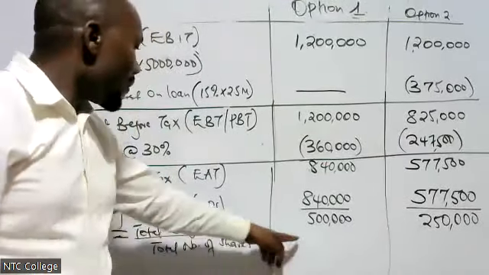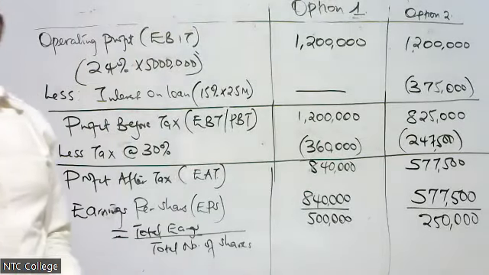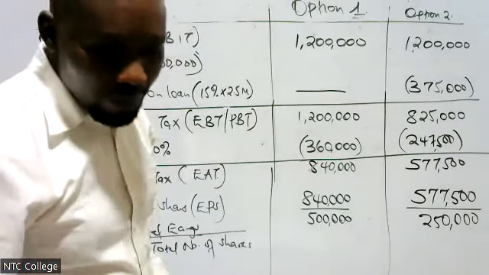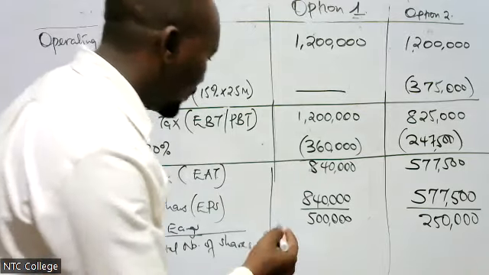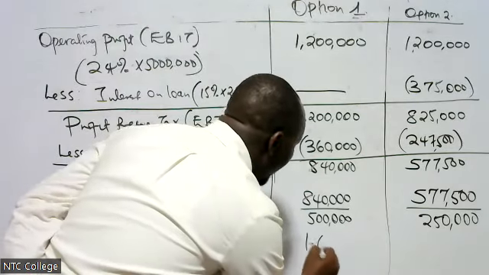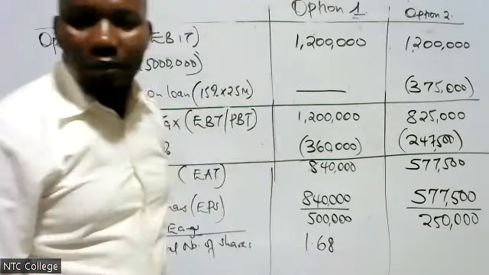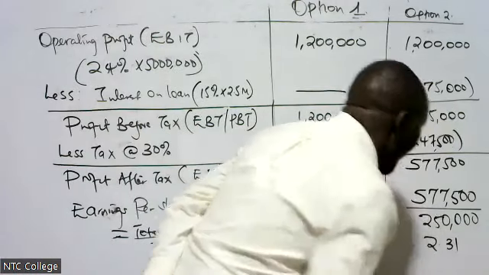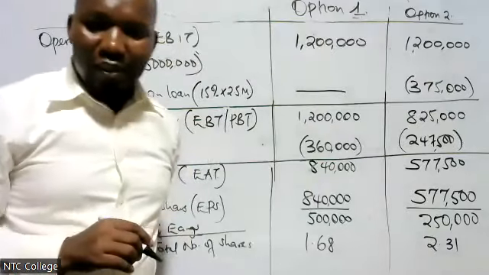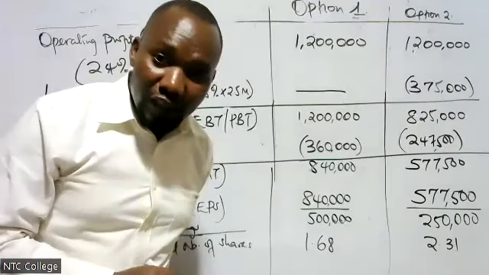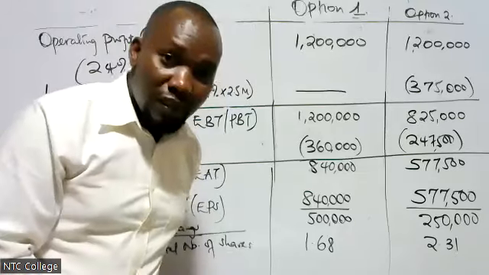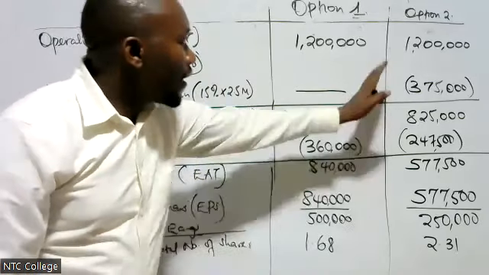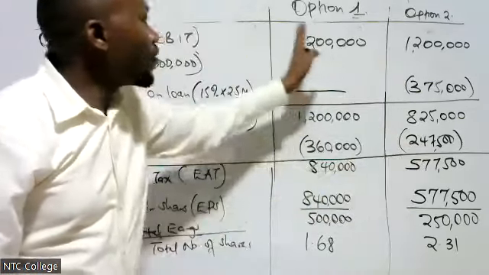What is the EPS for this? The first option is 1.68. So we have 1.68. The second option, 2.31. If you were to invest and you've been told that there are two options, you either invest using this option or this option.